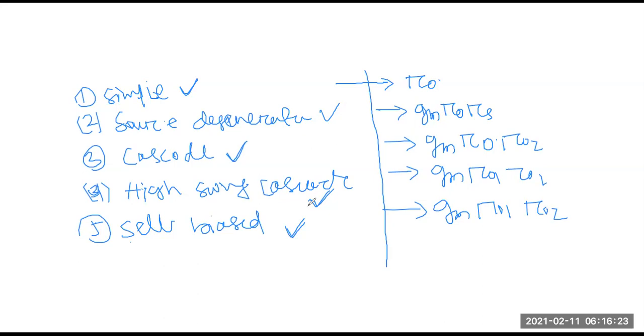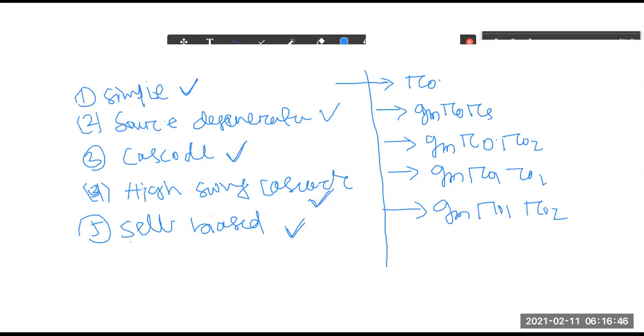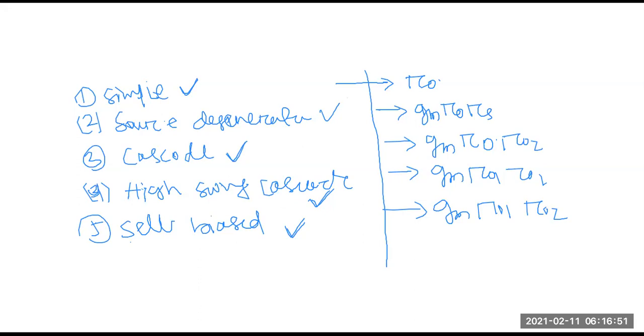Okay, so anything else? Nitish, Divya, do you want to ask anything? If you have any doubt. No, sir. Okay. Abhishek, is it clear or do you have any doubt?